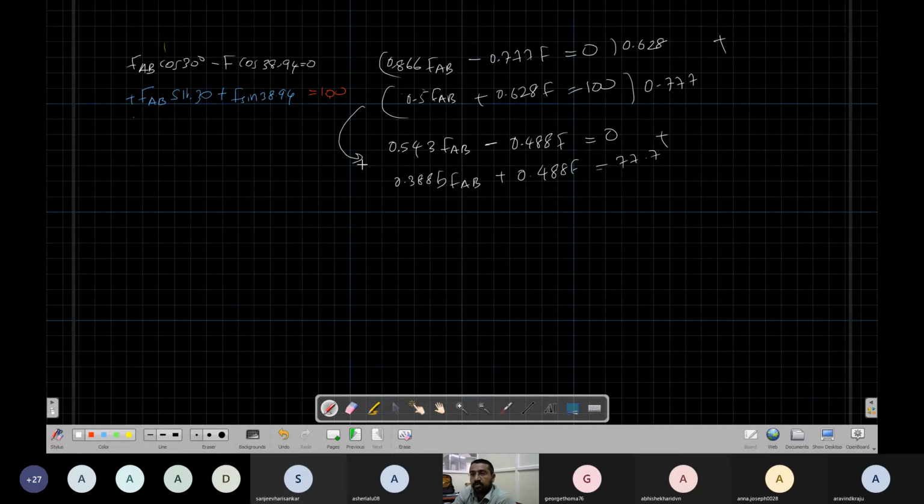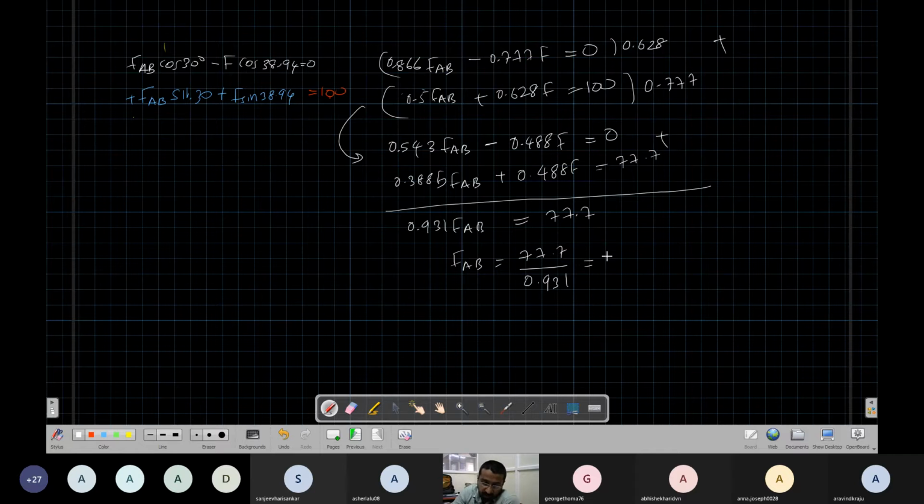You add these two, so these two will get cancelled. 0.543 plus 0.388 is 0.931 F_AB equal to 77.7. So F_AB is equal to 77.7 divided by 0.931. So this gives me 83.45.